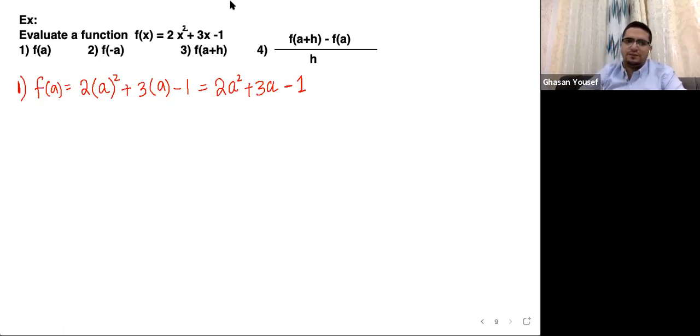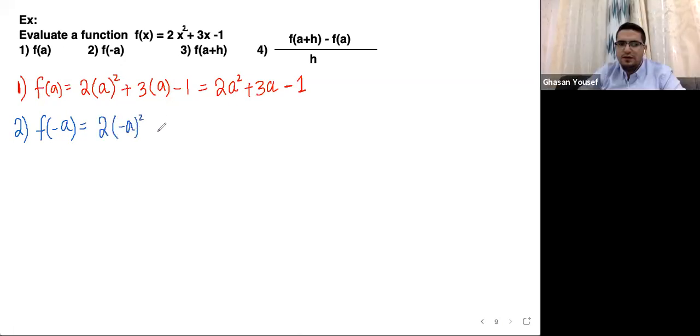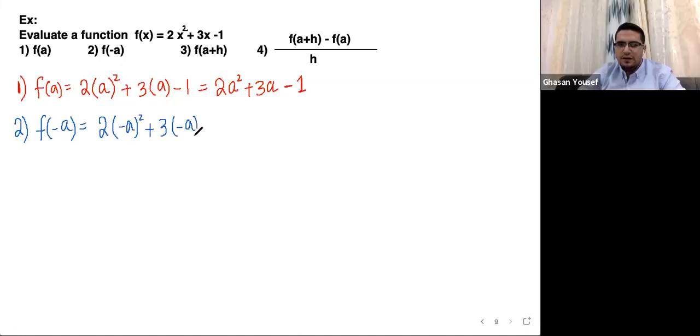Now for the second one, who will do it? f of minus a. Just plug the minus a inside the function. It'll be 2 times negative a squared, plus 3 times negative a, minus 1.